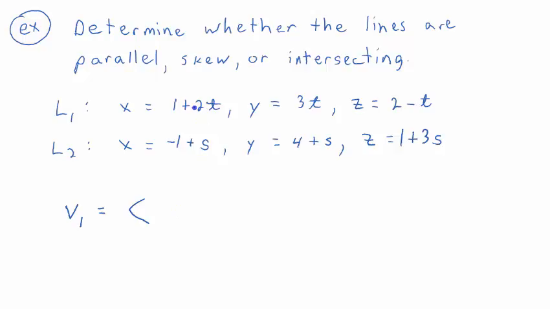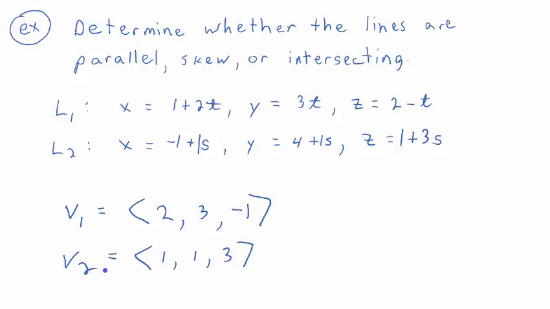So 2, 3, and negative 1 would be a direction vector for line 1, and a direction vector v2 for line 2 would be 1, 1, and 3. The coefficients of s.